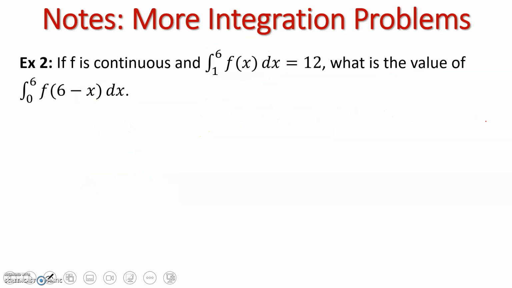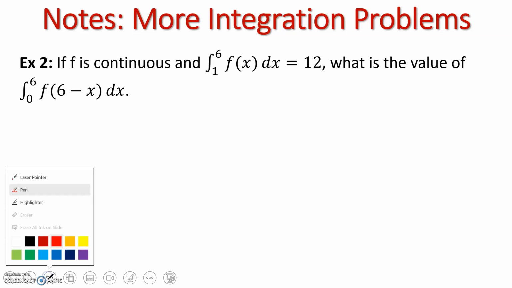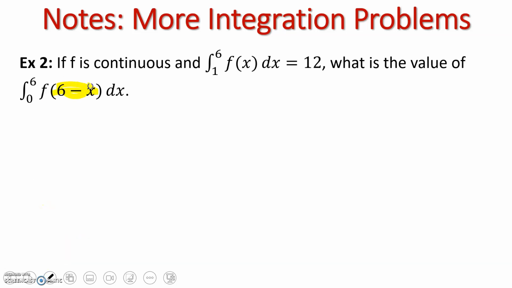All right, example 2. If f is continuous and the integral of f of x from 1 to 6 with respect to x is 12, what is the value of the integral of f of 6 minus x from 0 to 6 with respect to x? So similar to the last one, I see that there is a function inside of another function.